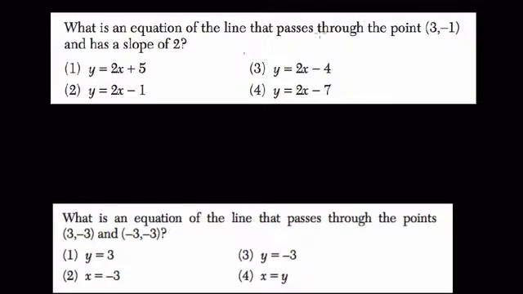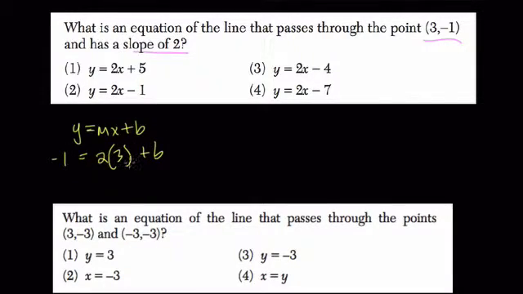What is an equation of a line that passes through this point with this slope? There are many different ways to deal with this. I really like using y equals mx plus b format, that's slope-intercept format, because here they give you the slope of 2, and they give you the point 3, negative 1. So 3 is for x, and negative 1 is for y, plus b. So we have to solve for b.